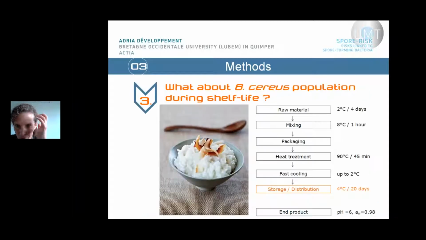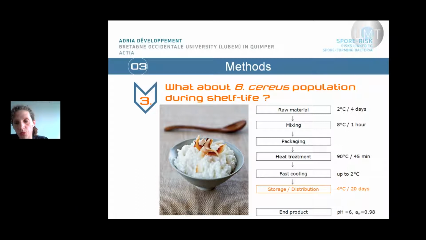So you can play in a few clicks with such tools, which are available, and this is quite interesting to click and to test different scenarios, because this is fast. This is easy to use. And for the last step, the third step, I want to look at storage and distribution conditions, because I'm not able to destroy all Bacillus cereus with heat treatment.